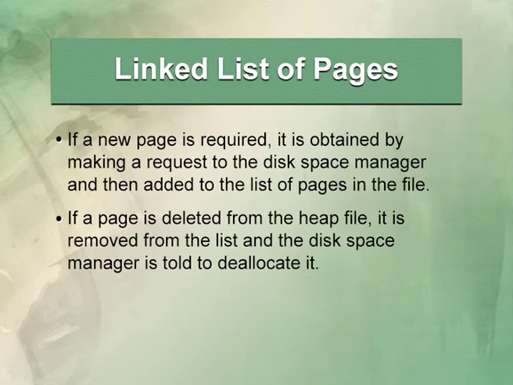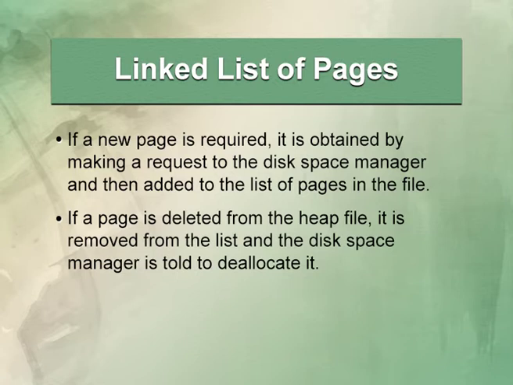Suppose you are creating a database for the first time and there are several records. We will send a request to the disk space manager. The disk space manager fetches the space from the list of free spaces maintained. That free space area is fetched and allocated, and then a proper header file is set.